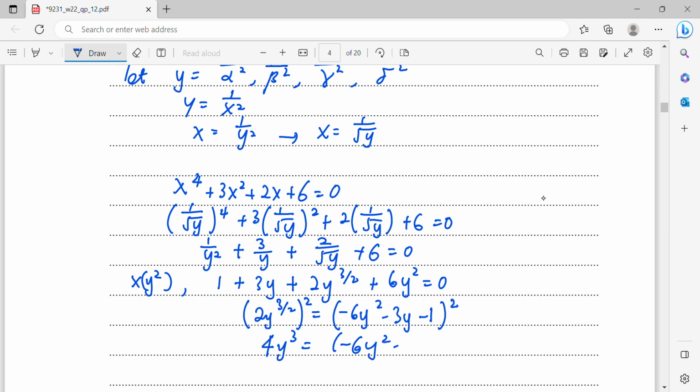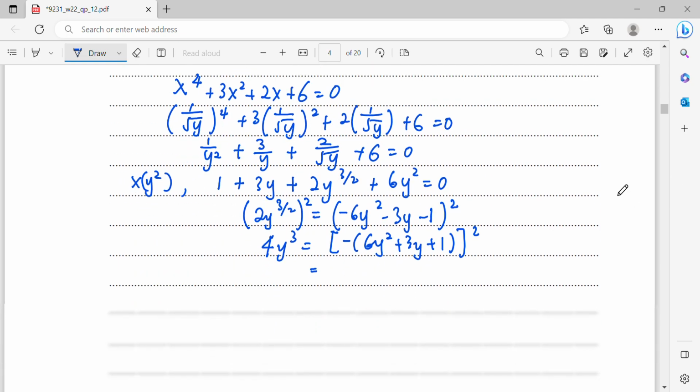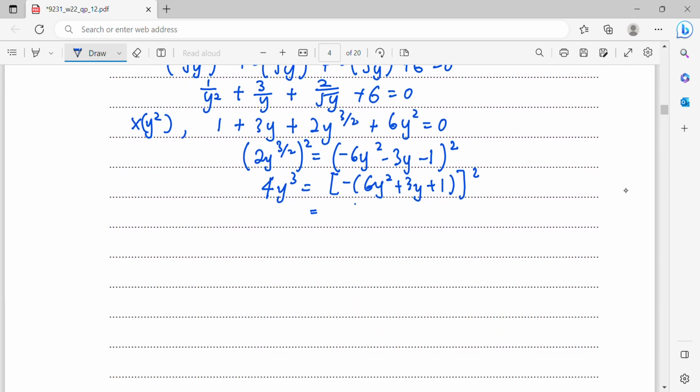For your information, before you multiply, you may factorize the minus, so that will be easier. When you square the minus, it will be positive, so I will just do the expansion.